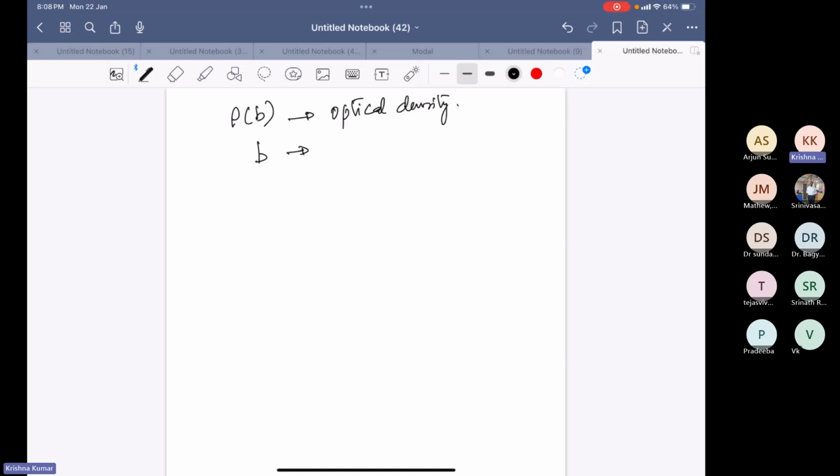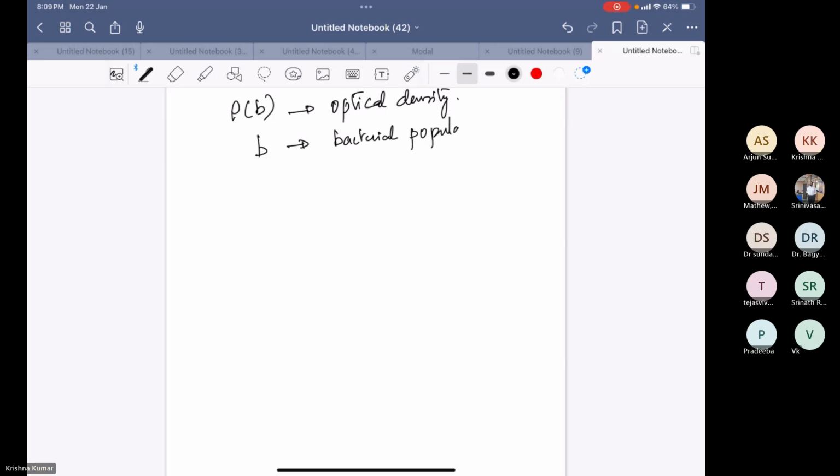It may not be the case that it is the bacterial population size. That is clear. Now let us say that B itself is a function of P. So in other words, bacterial size, what does it mean?